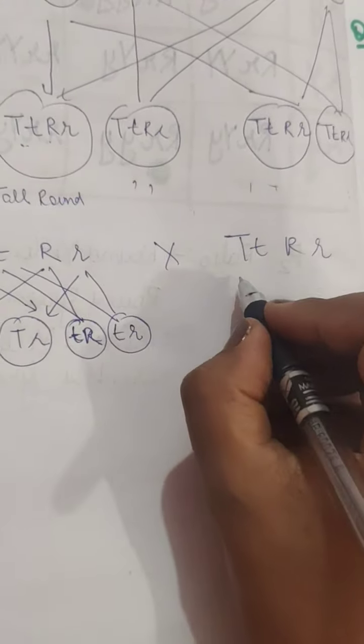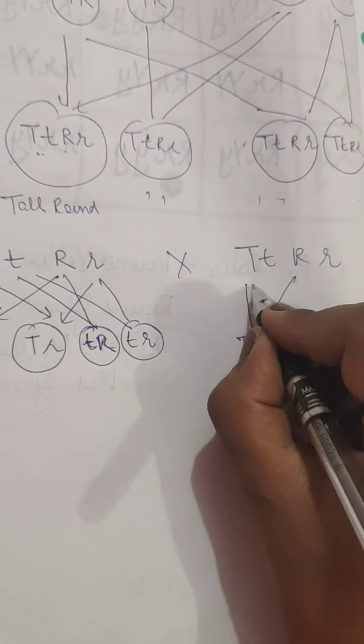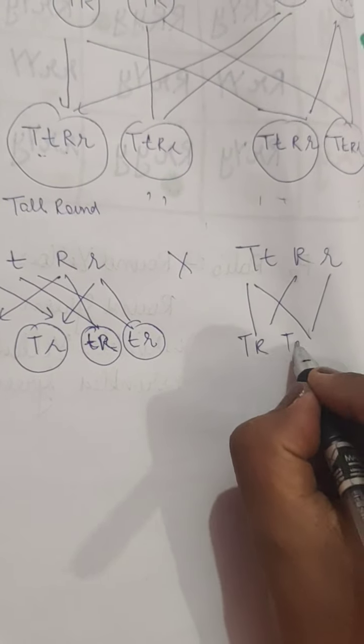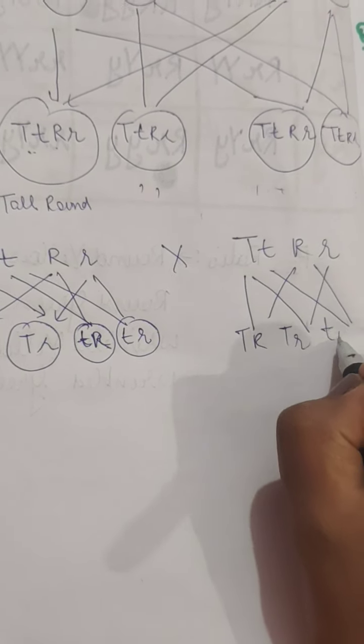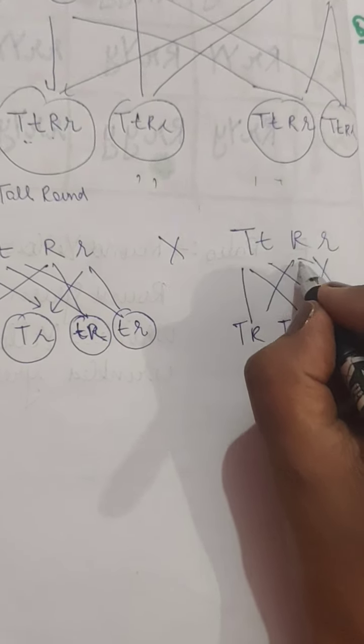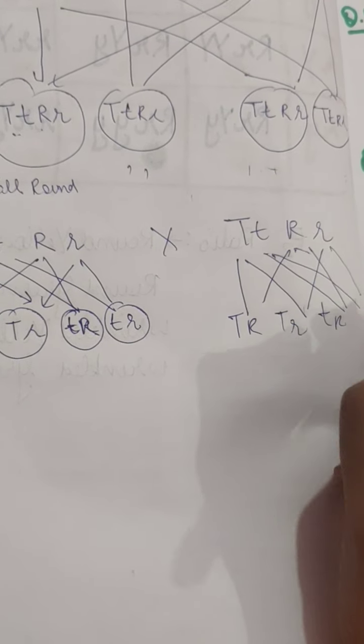And here also capital T and capital R, capital T and small r, small t and capital R, and small t and small r.